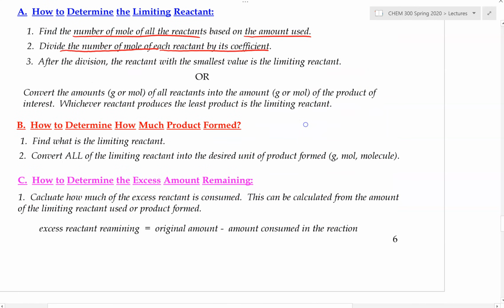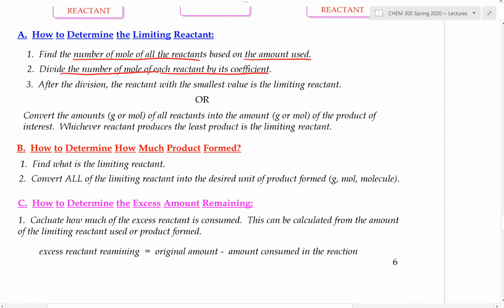So this is how we factor that in, by taking the moles of each reactant and dividing by its coefficient from the balanced equation. And after the division, whichever reactant has the smallest amount would be our limiting reactant.